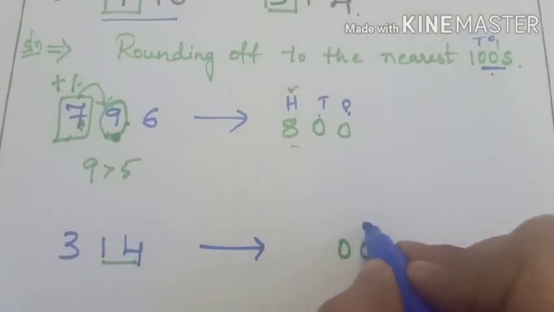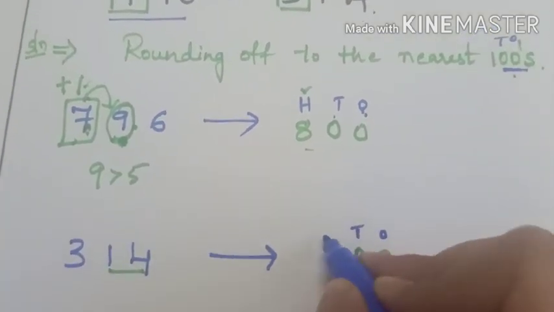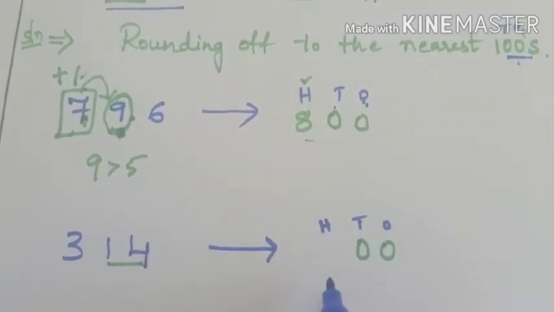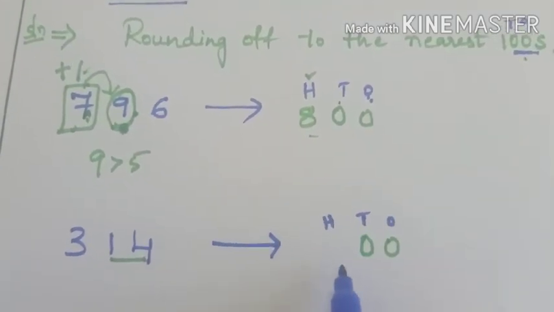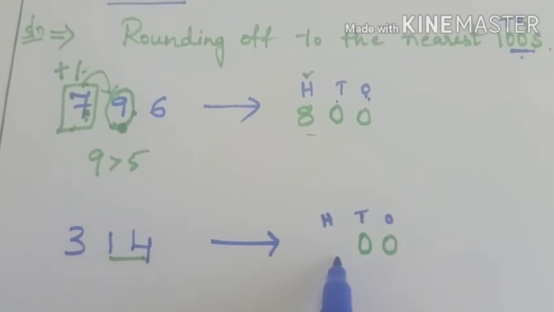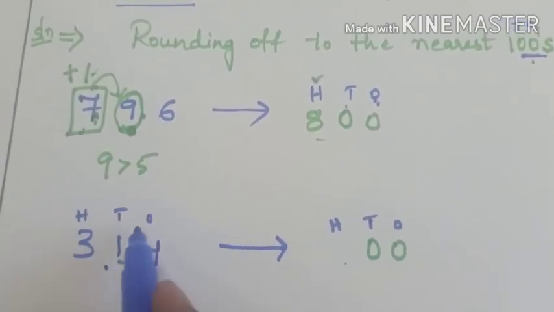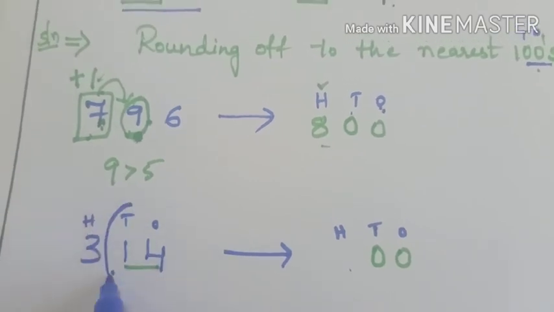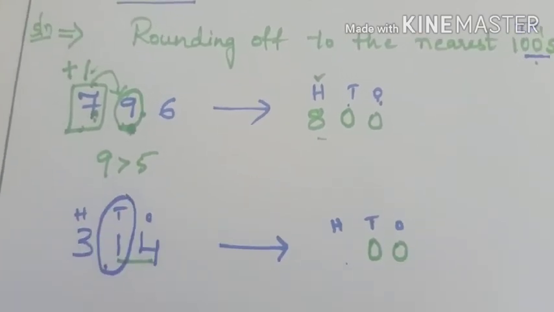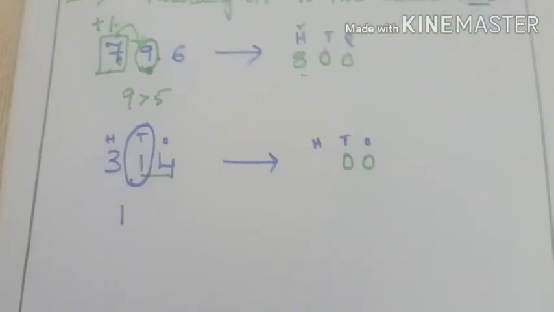Now we have to write the hundreds place. We have to fill the hundreds place. To fill the hundreds place, you have to check the tens place in the question. Can you see this tens place? What is the tens place? 1. And 1 is greater than 5 or less than 5?